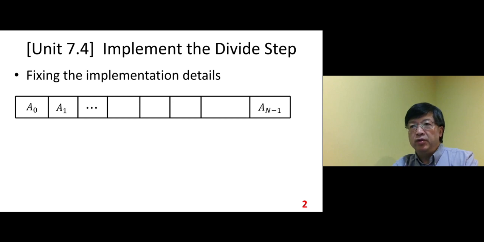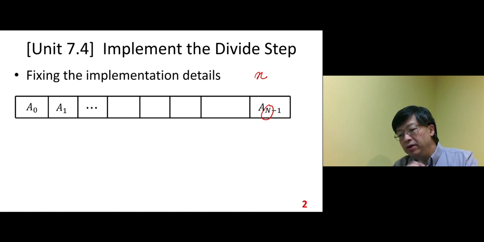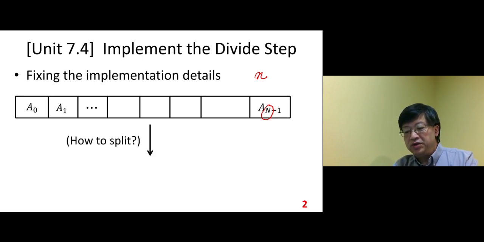Let me represent it in this way. Although we usually use n as the data size, here I use this capital N. The reason you can see below, for the two subarrays, we use m and n.